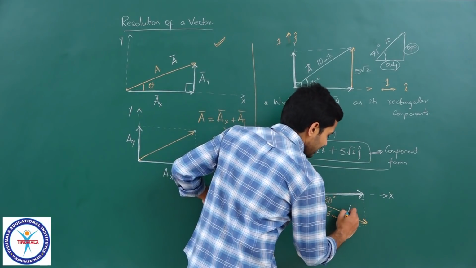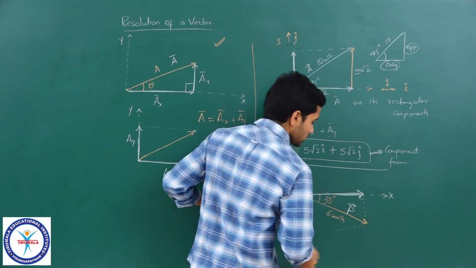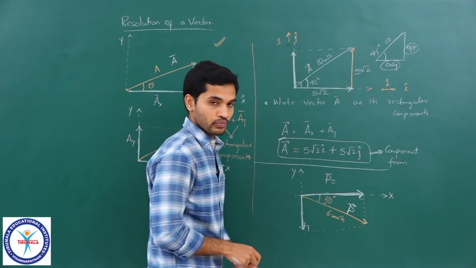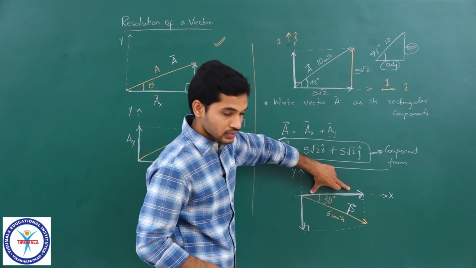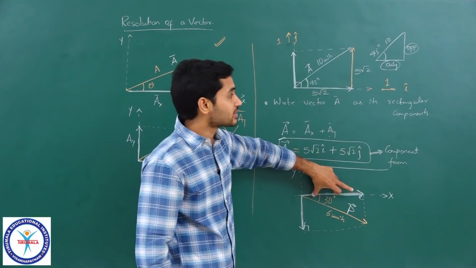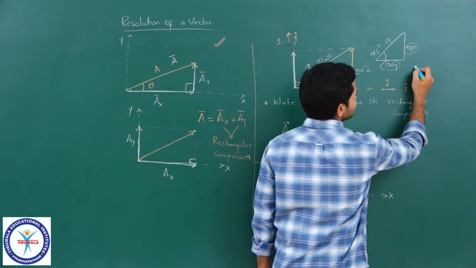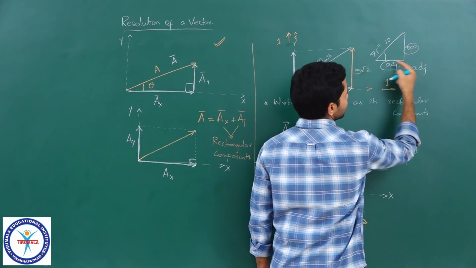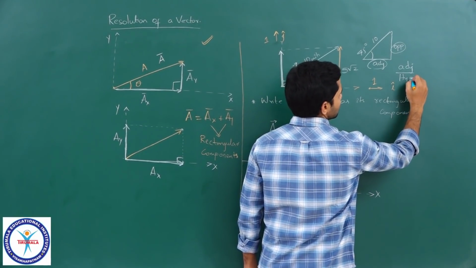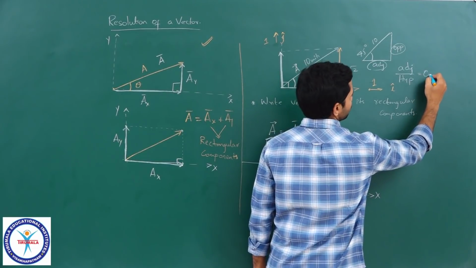So let's call this vector P bar. So how do I write P bar? Let me write it down here itself. P bar is equal to, now what is this length? Please remember one thing, when you need to find this length, adjacent by hypotenuse is equal to cos 45, correct?